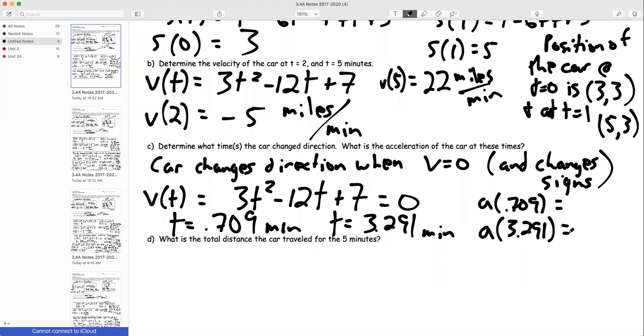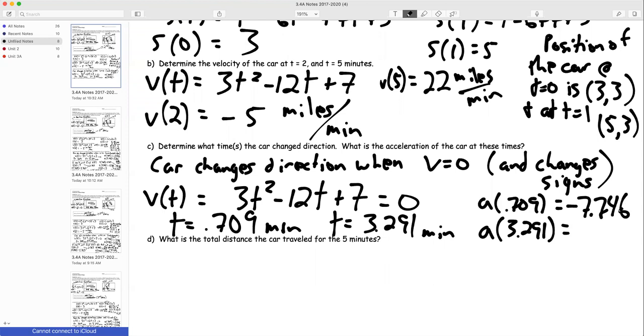And so somebody help me out. What is A of 0.709? Did we get it? Should be negative. Okay, that's it. Should be -7.746.